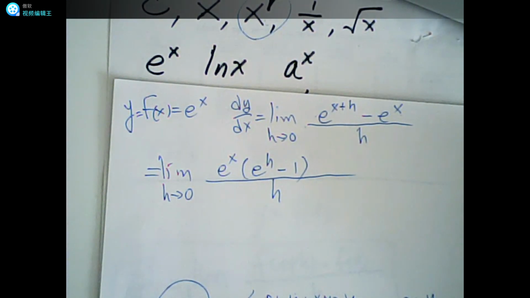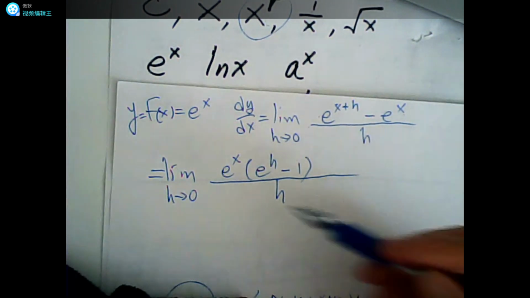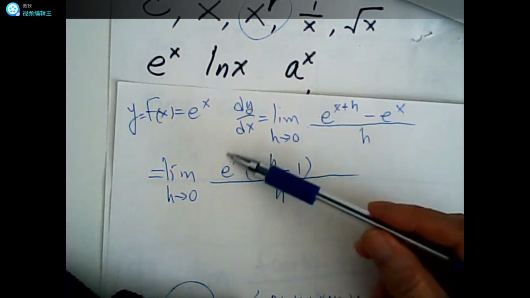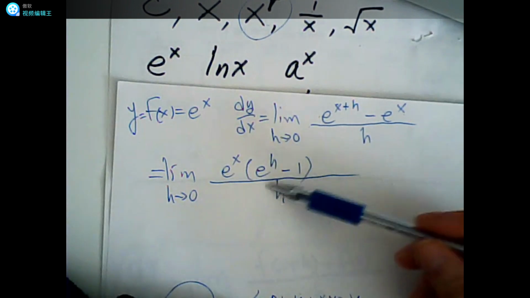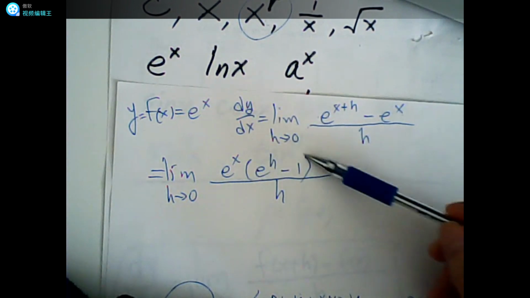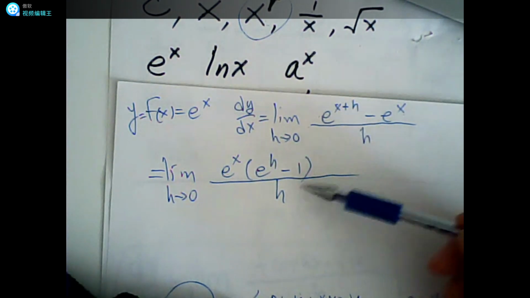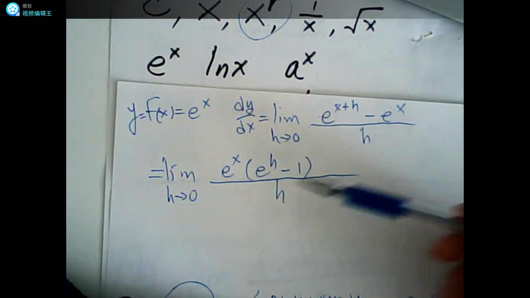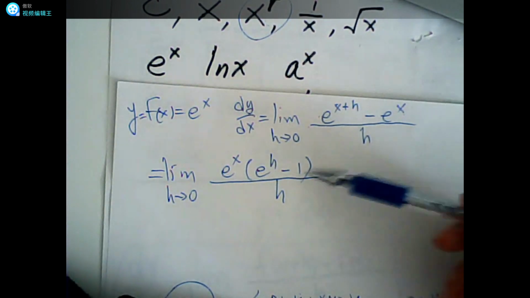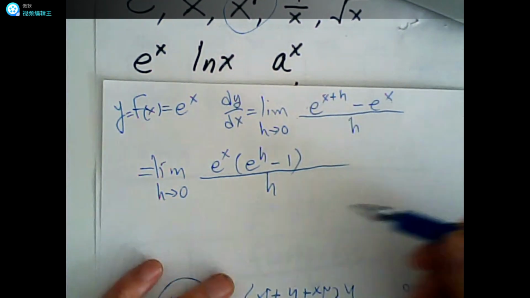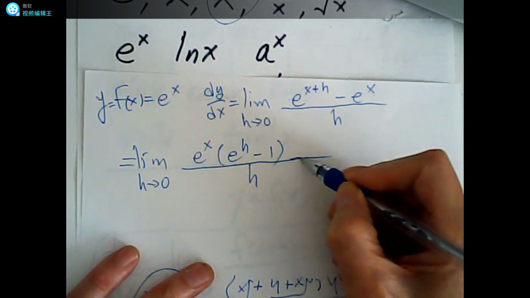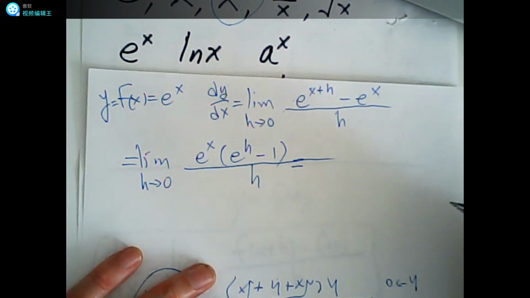Okay. Now what to do next? Then this is nothing to do with h, right? So we are looking for this limit. Of course, you cannot use L'Hopital's rule. You cannot use derivatives to prove derivatives. You have to use something else.